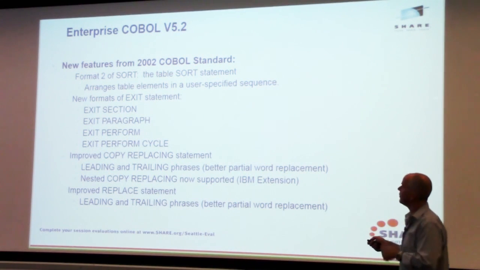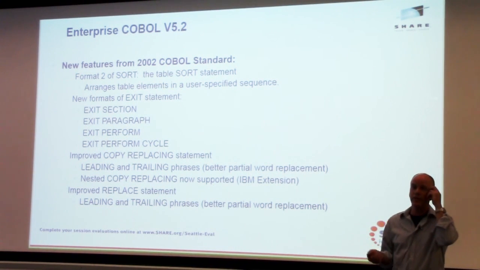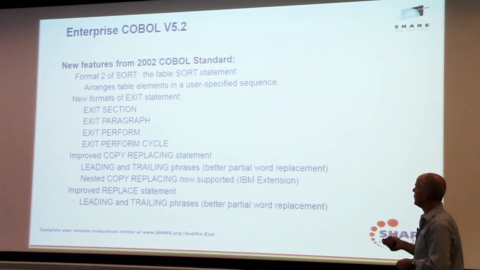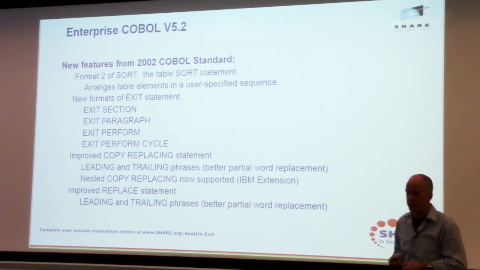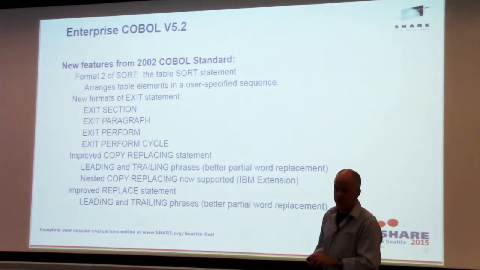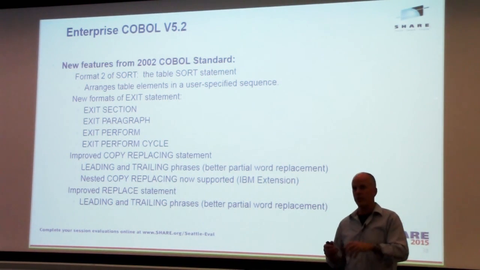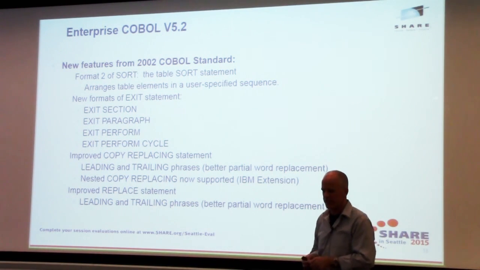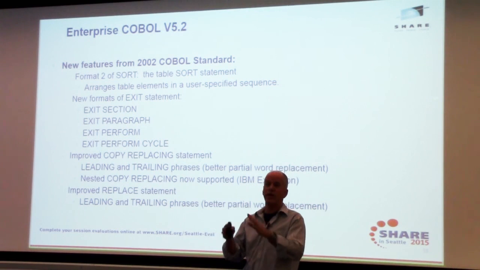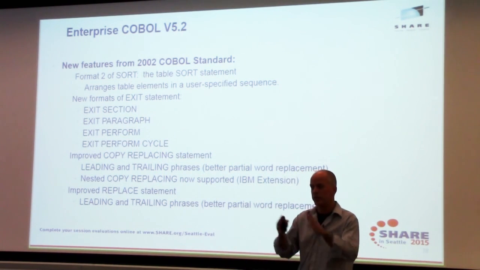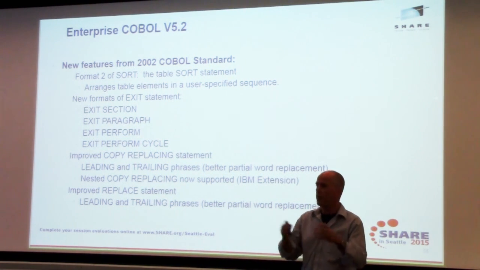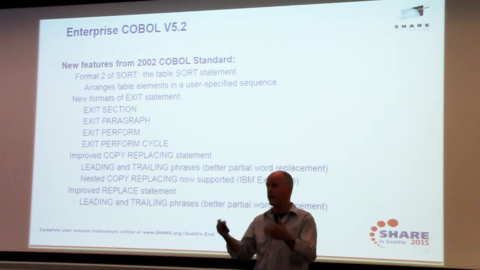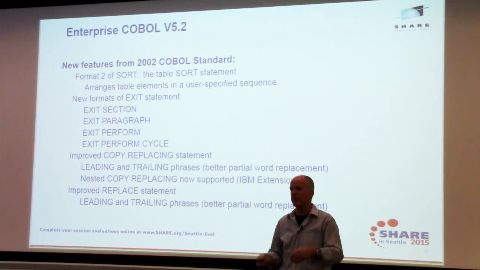The 2002 COBOL standard was continued in 2014, and a new standard was approved. And we've been adding features from the 2002 standard steadily. My clients have asked me, we want 2002 standard support, and I said, well, no, you really don't, because parts of it are not useful. There's an entire screen handling section, and COBOL is not the language to do user interface coding. That's HTML, JavaScript, and those kinds of things.